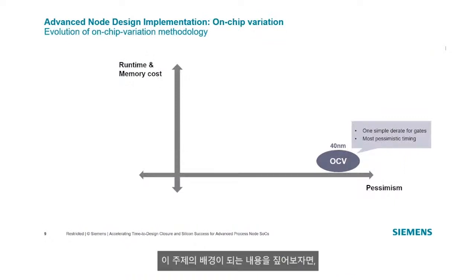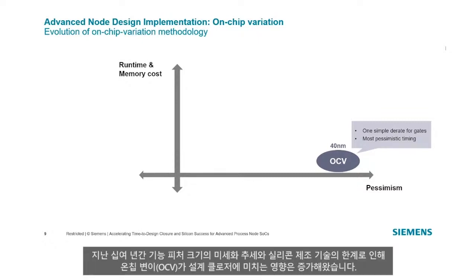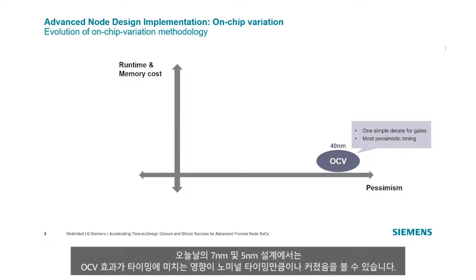To provide some background information on this topic, over the past decade, due to shrinking feature sizes and limits to silicon manufacturing, on-chip variation, or OCV for short, has had a growing impact on design closure. Today, 7 nanometer and 5 nanometer designs can see OCV effects impact timing just as much as nominal timing.